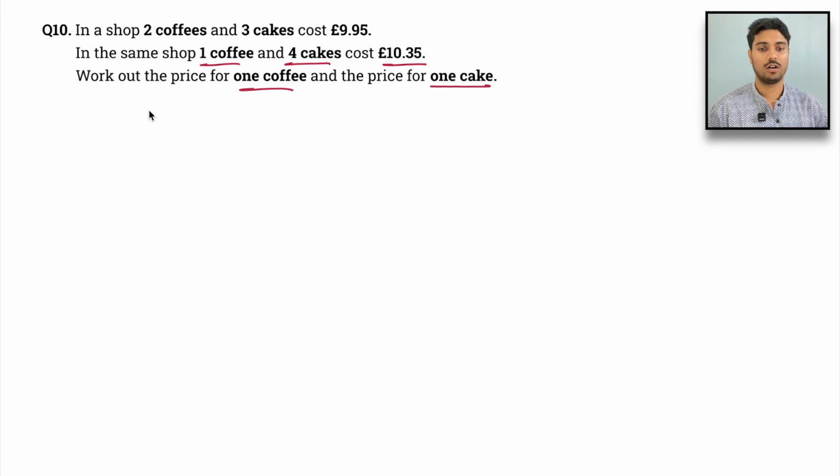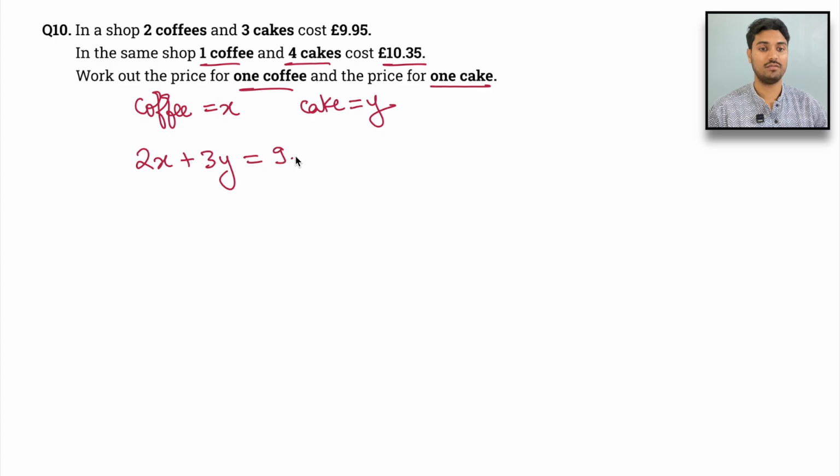Let's say we take the cost of 1 coffee equals x, and the cost of 1 cake equals y. So 2 coffees, 2 multiplied by x, plus 3 cakes, 3 multiplied by y, equals 9.95. Second sentence, 1 coffee plus 4 cakes equals 10.35.